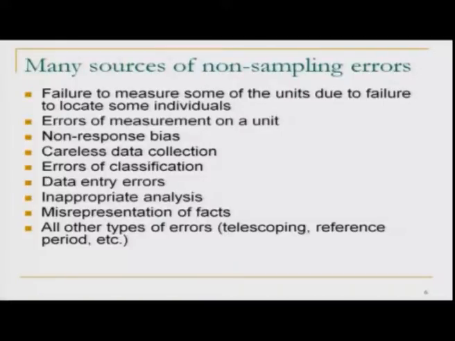There will be many people who will not respond to you, they will not answer any question, or they will answer some questions but not others, and therefore, against many questions you have to write non-response or missing. Careless data collection can also be a source of non-sampling errors. Errors of classification, data entry errors, inappropriate analysis.